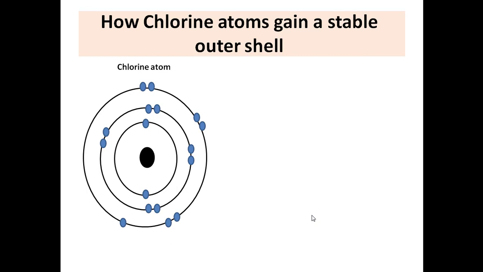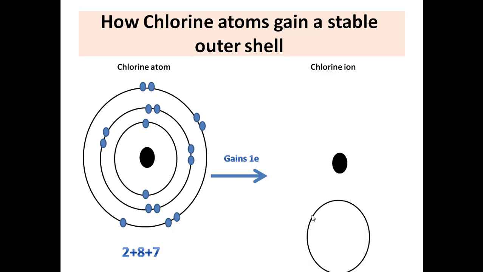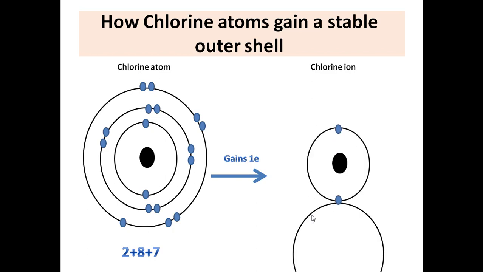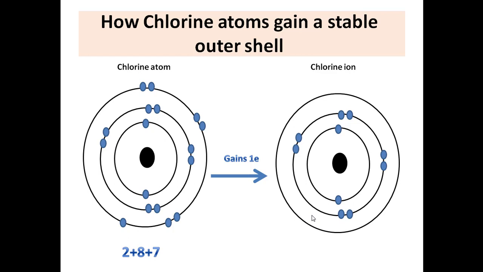So it needs only 1 electron to fill its outer shell. So another electron comes from a certain atom that has lost its electron, and then we got chlorine ion as a result of getting 1 electron to the outer shell. So it becomes negatively charged, its outer shell becomes full of electrons, and actually this ion is stable.